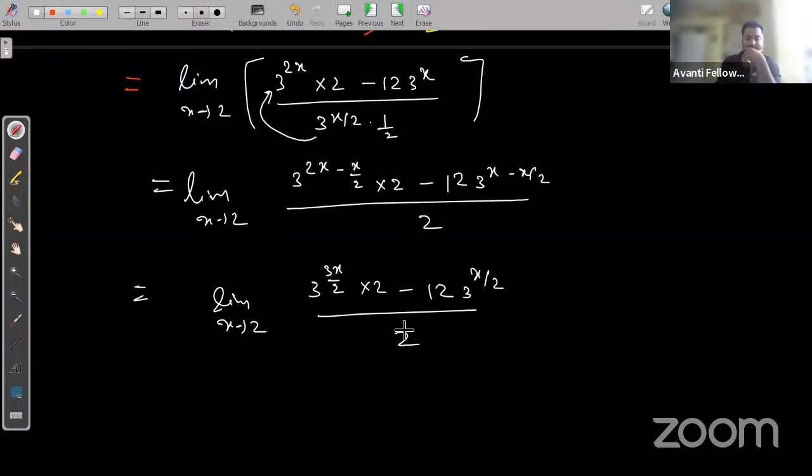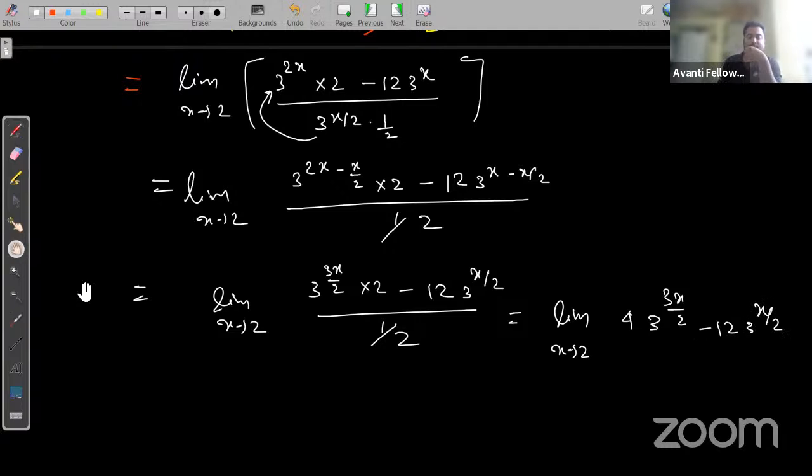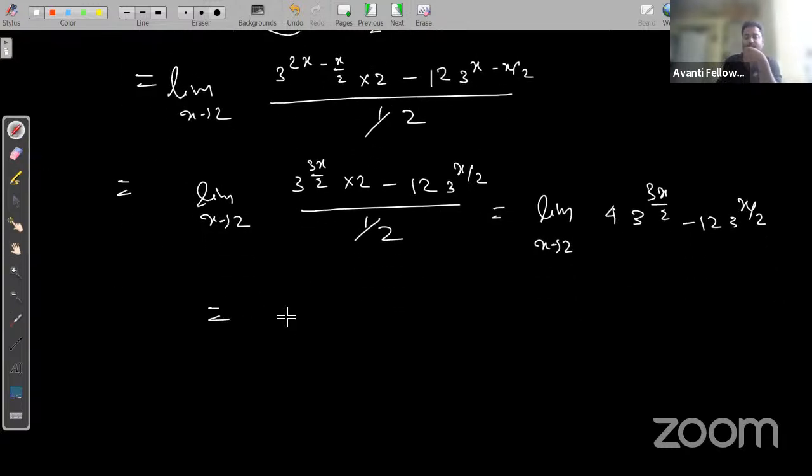So this is actually 1 by 2, na? Yeah. So if we put this in the numerator, this will be limit x tending to 2, 4 into 3^(3x/2) minus 12 into 3^(x/2). So if we put the limit now, 4 into 3^3 minus 12 into 3^(2/2), that is 3^1.